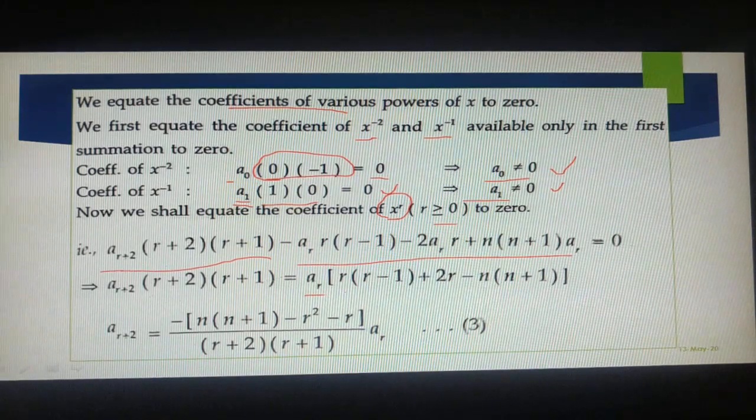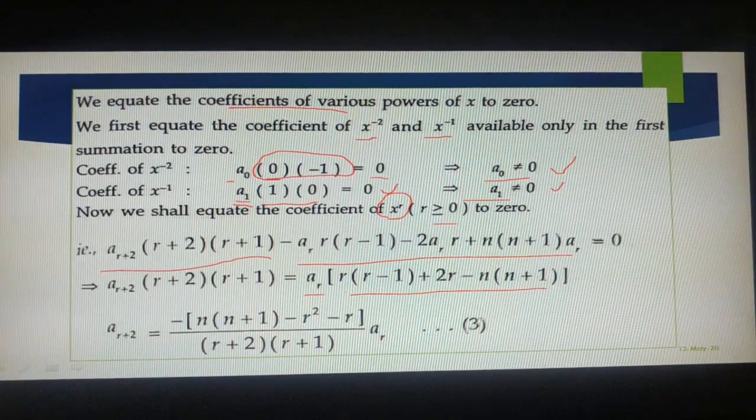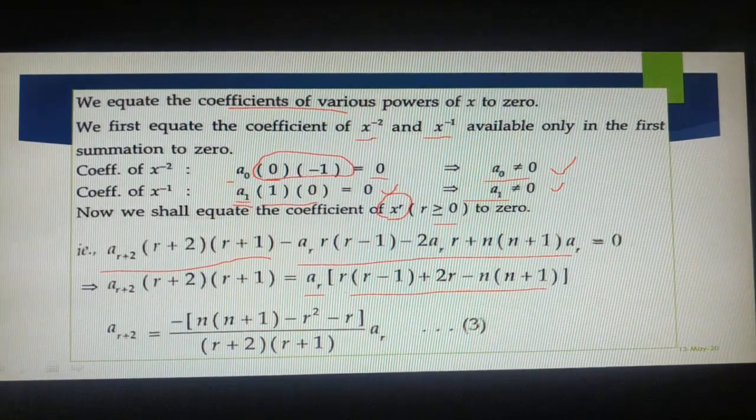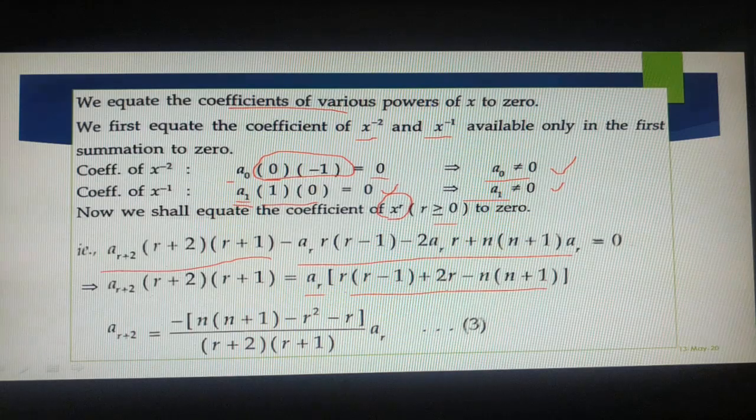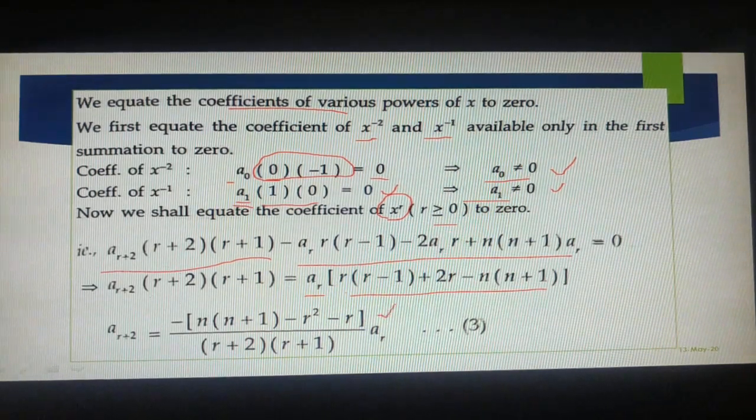So these three terms I'm taking to the other side. a r plus 2 I'm keeping as it is on the left side: a r plus 2 into r plus 2 into r plus 1 is equal to a r times all of this. When you go for the simplification, this is minus n into n plus 1; when I multiply, this is minus r square minus r. So in the numerator we have a r into this term, and we are solving for a r plus 2.